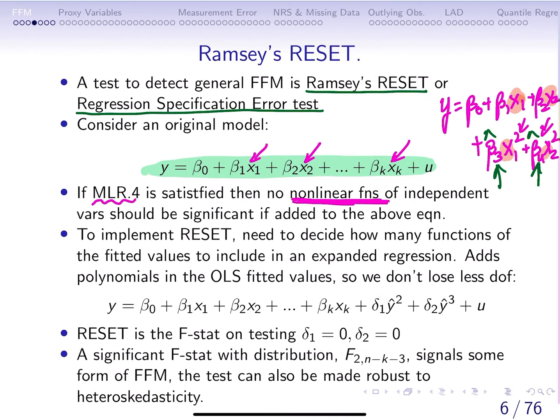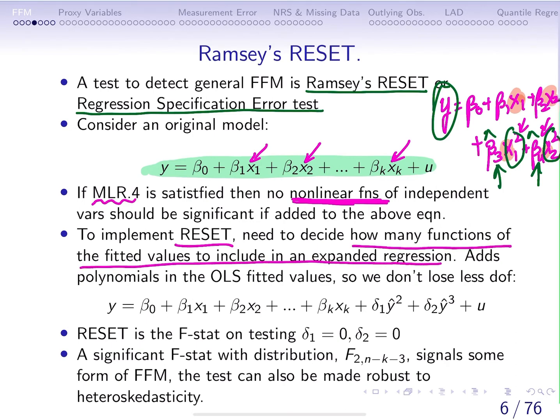So we always want to check if there is some relationship that we're missing between y and, let's say, the quadratic form or some other functional form of our explanatory variables. RESET helps us do this. The first thing to remember when implementing RESET is that you need to decide how many functions of the fitted values to include in an expanded regression.